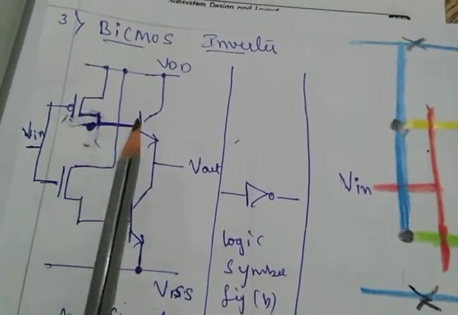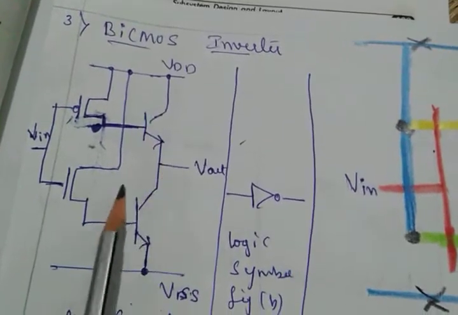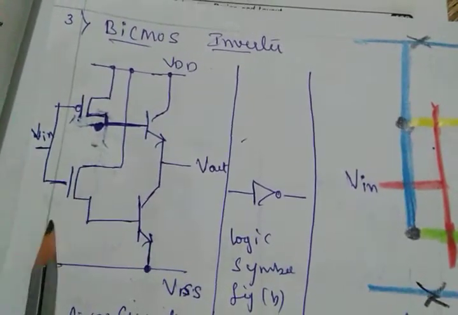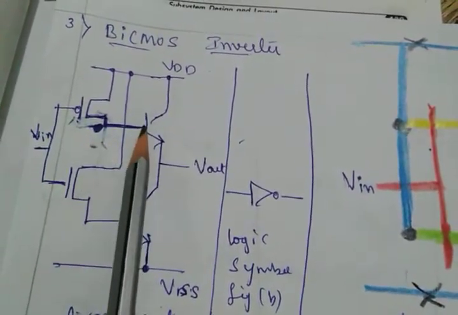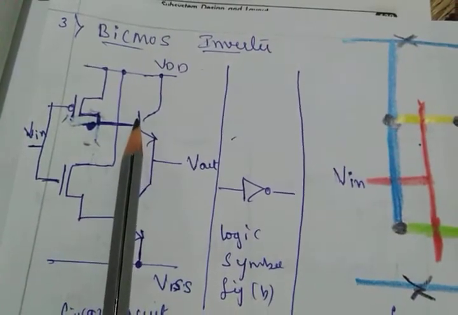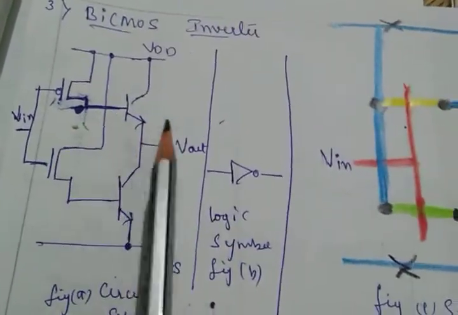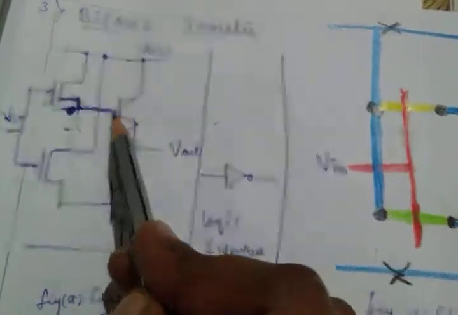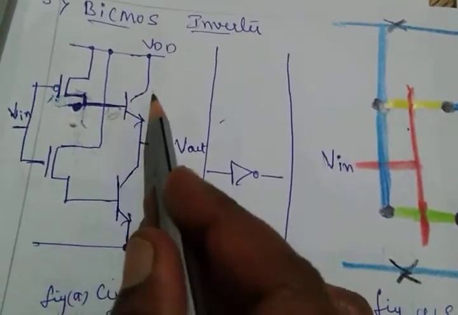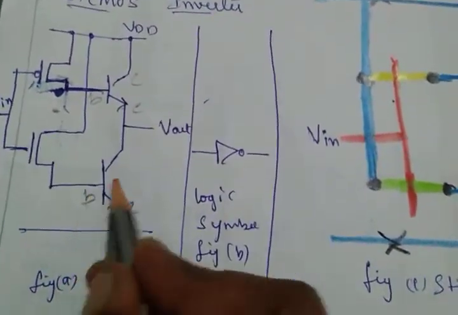See here the connections are like this. VN is shorted and this one is connected to the gate of this one. So this is the emitter, base and collector.